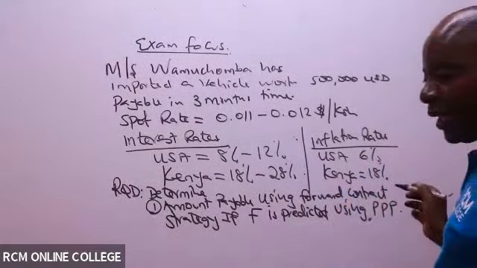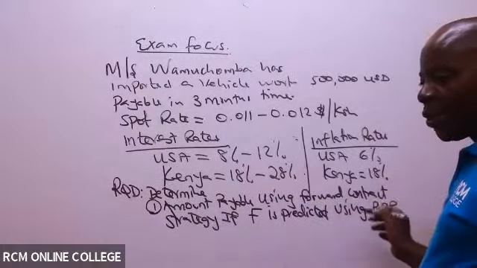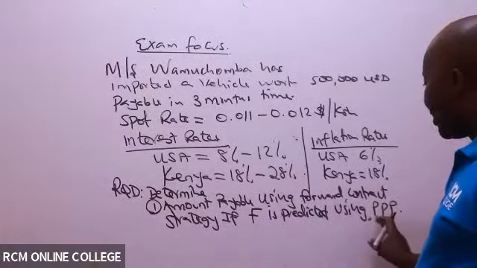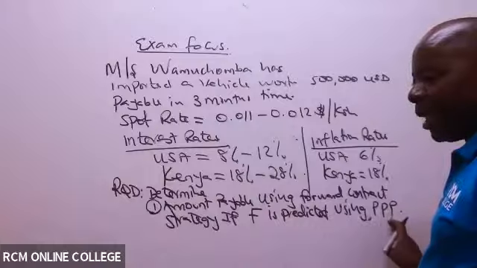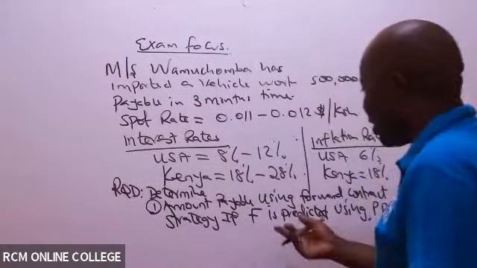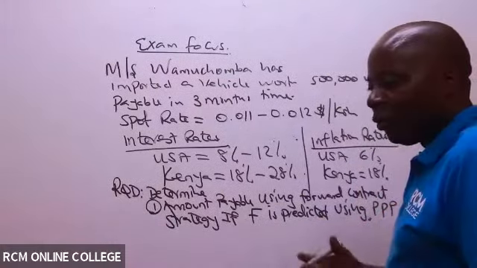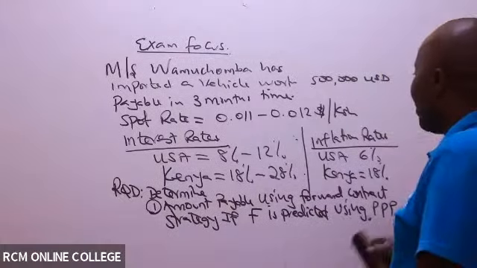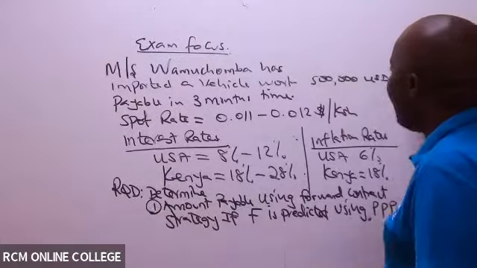Well, the very first thing that we need to do here is to apply this PPP, purchasing power parity, to predict forward exchange rate, because we can't get forward contract without forward exchange rate. So then we are using now this PPP.